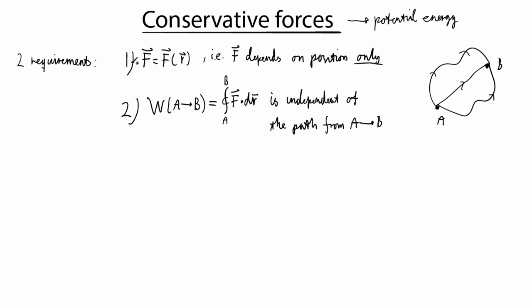Now, condition 1 means that we can use forces such as the force of gravity. If you look at the force of gravity between two masses, here's a mass of mass m, here's a perhaps larger one of mass capital M. There's a force of gravity between the two.